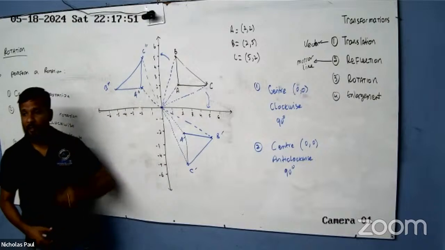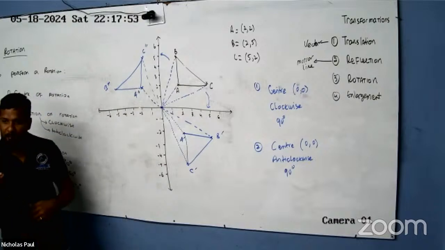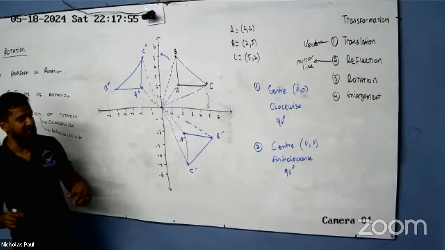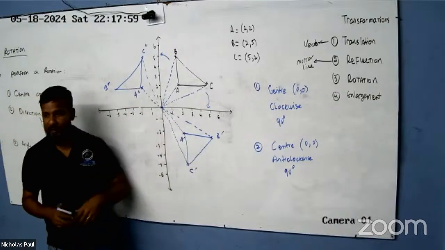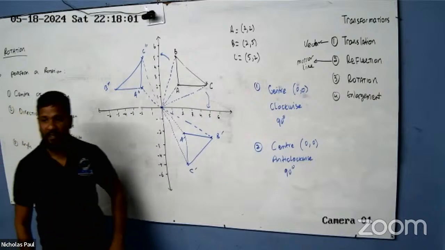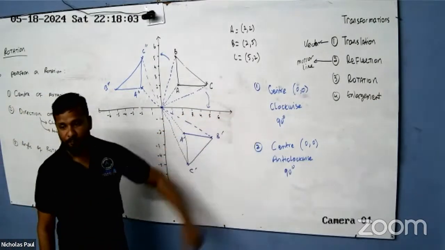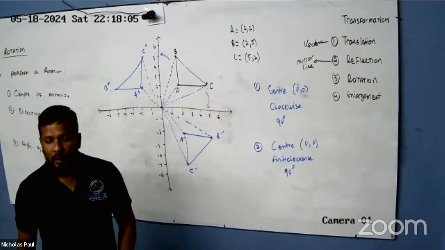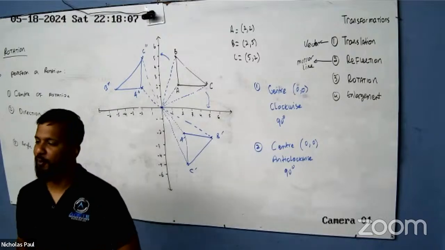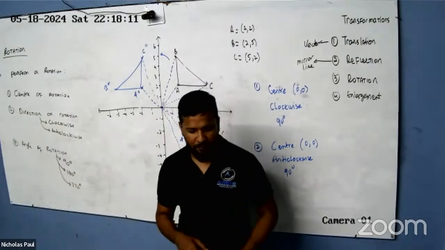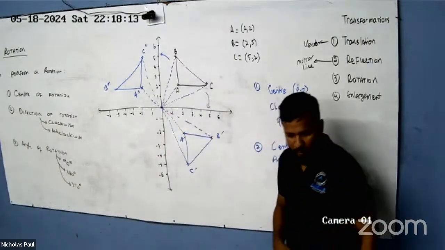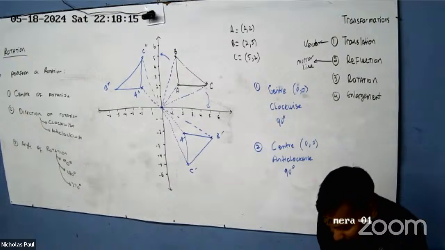All right. So if I ask you to describe the transformation fully that goes from here to here, you'll tell me that, right? Write this down. Yeah, all three things.